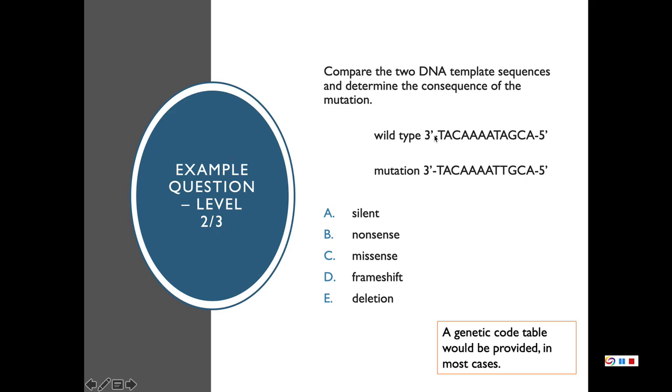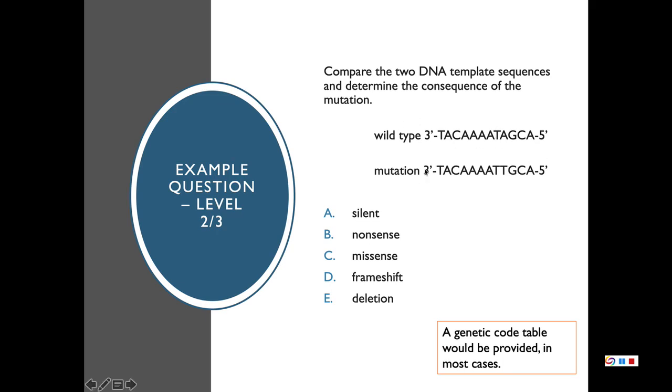And so our messenger RNA for a wild type would be A, T, G, and then, I'm sorry, we're talking about RNA, so A, U, G, and then U, U, U, and then U, A, U, and then C, G, and U. And that would be our messenger RNA that's coming from our wild type sequence.